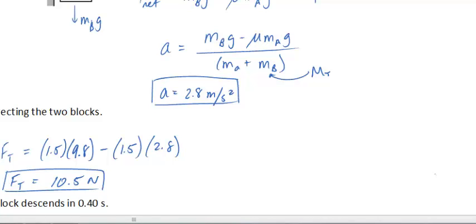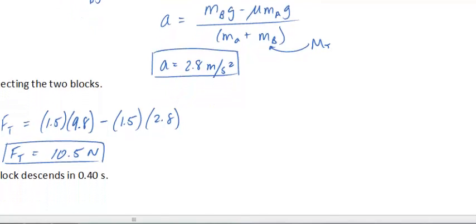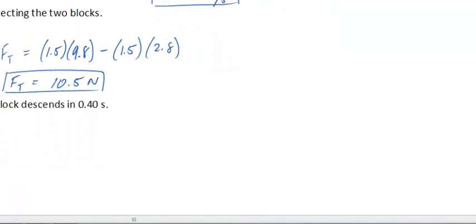Again, just a different application of Newton's second law. Part E, hopefully this is pretty straightforward for you guys. Calculate the distance that block B, the 1.5 kilogram block, descends in 0.4 seconds.